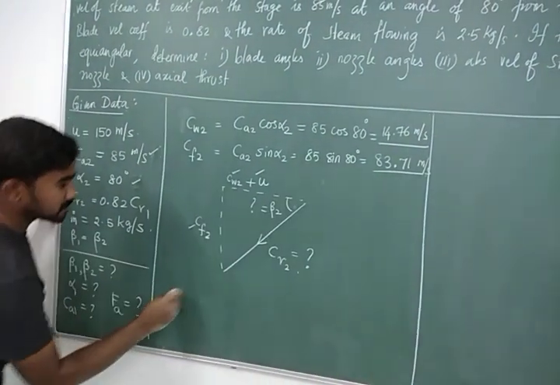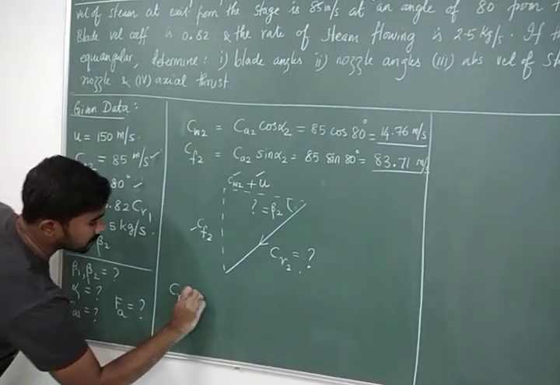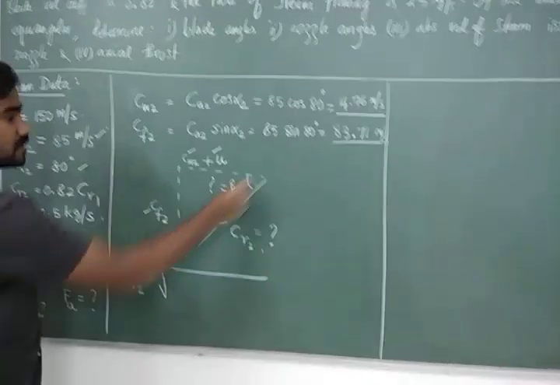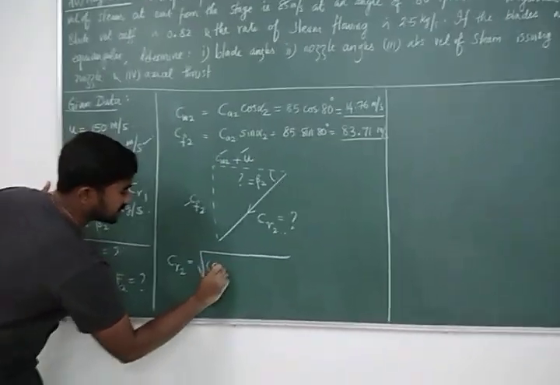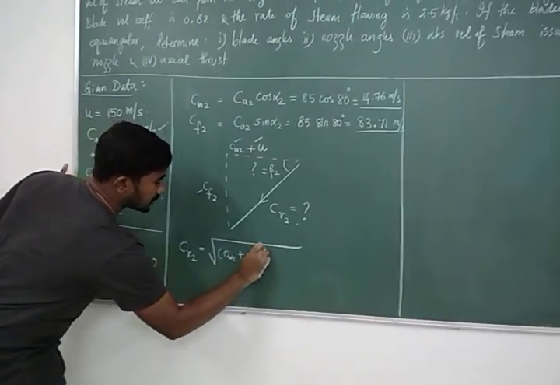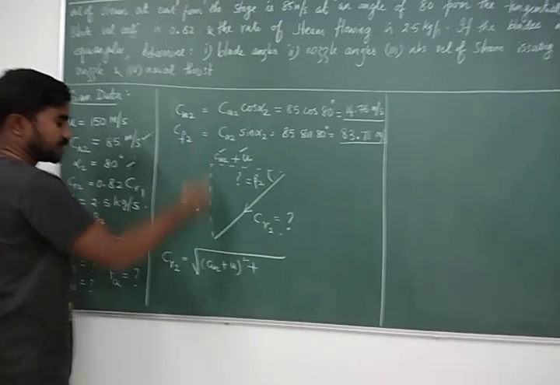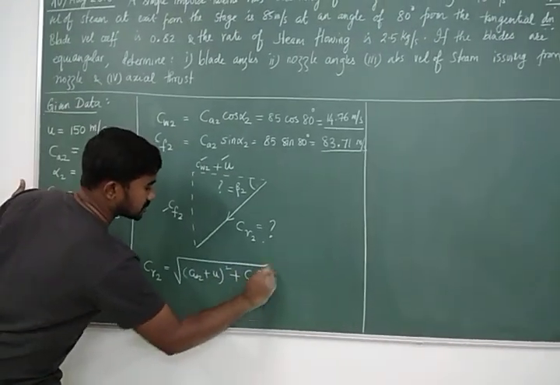So first use Pythagoras theorem. You can write CR2 as square root of this square, CW2 plus U square, plus this square, CF2 square.